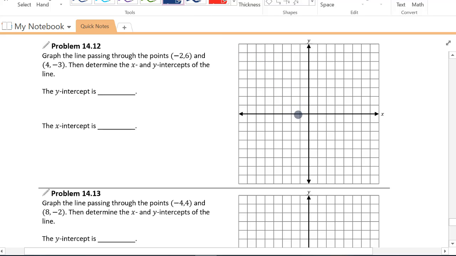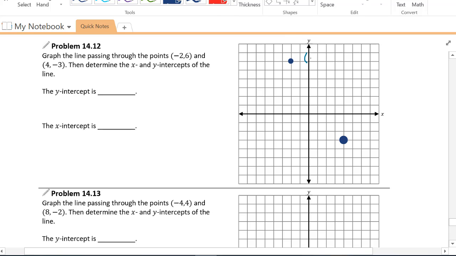We have -2, 6, so that's -1, -2, and then 6: 1, 2, 3, 4, 5, 6. Okay, and then we have 4, -3. So 4 on the x: 1, 2, 3, 4. -3 on the y: 1, 2, 3 on the y. Okay, now let's connect. Well, let's label first.